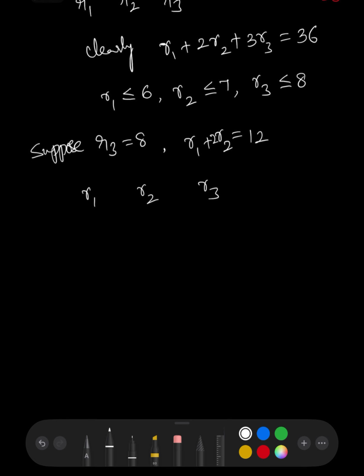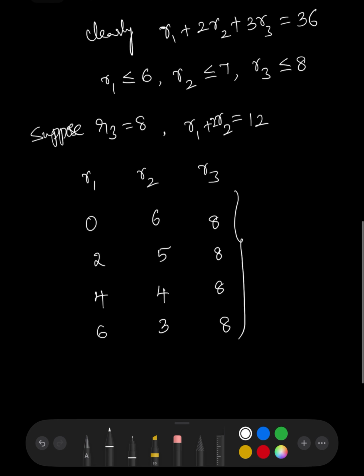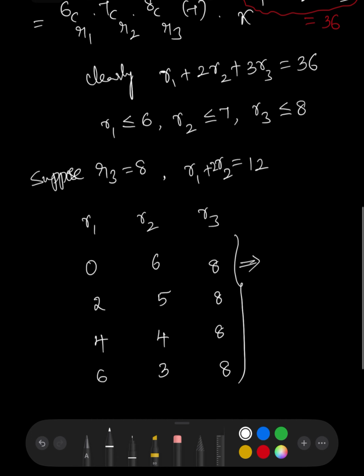Now coming to case 1, r3 is 8. If r1 equals 1, it is not possible, because 2r2 equal to 11. So I take even numbers 0, 2, 4, 6, up to 6 only, because 2 into r2 is there. Now r1 is 0, r2 is 6, r3 is 8.